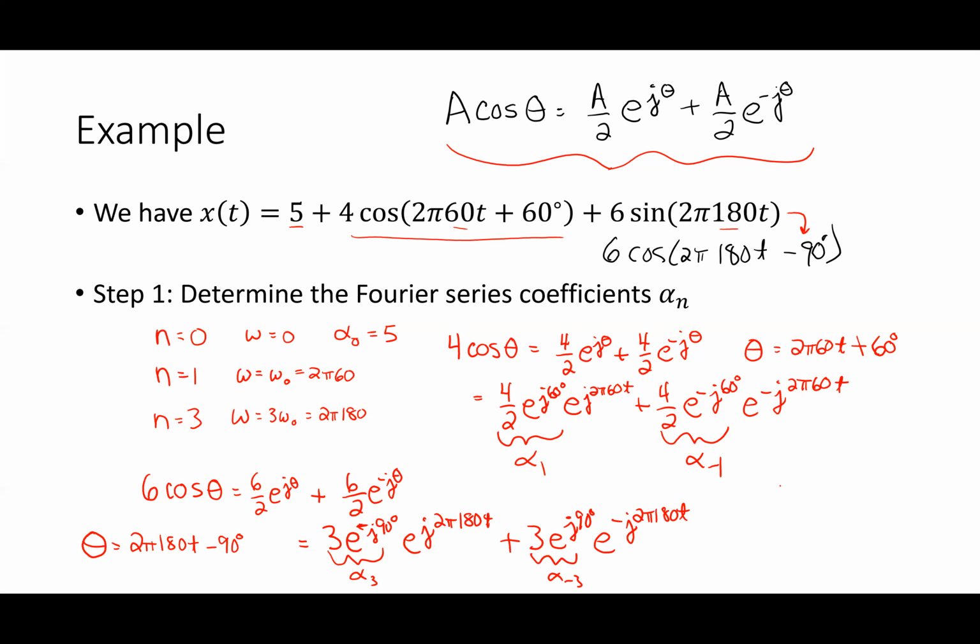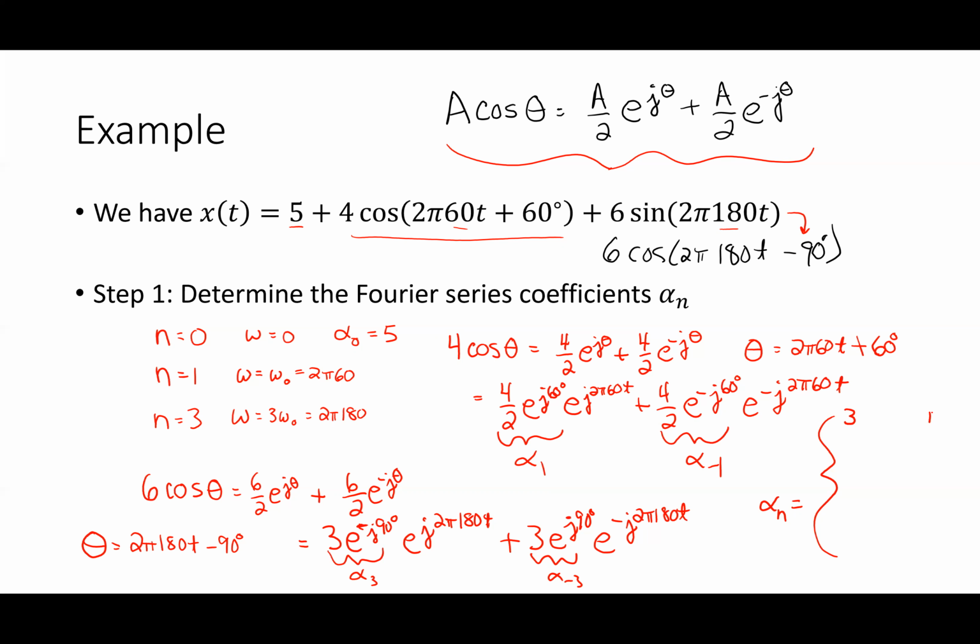So what I've determined here is my alpha n values. Just so that we're totally clear on this, I'm going to start from n equal to minus 3.